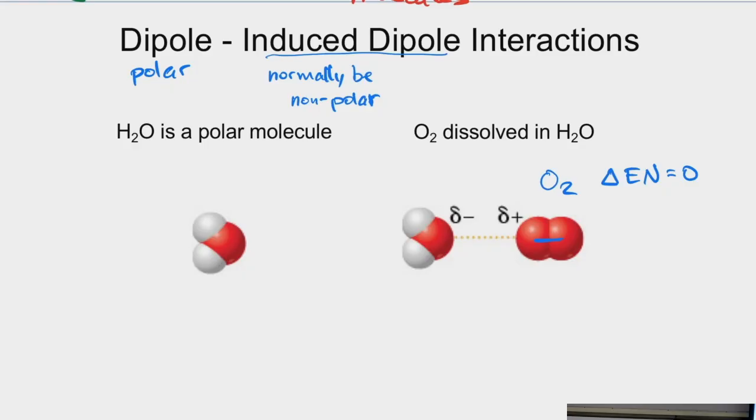I already drew water for you earlier, so I'll just remind you that overall in water, there is a net dipole moment. Remember, there are two polar bonds, but they don't cancel each other out because the geometry is bent. So that creates an overall permanent dipole moment.